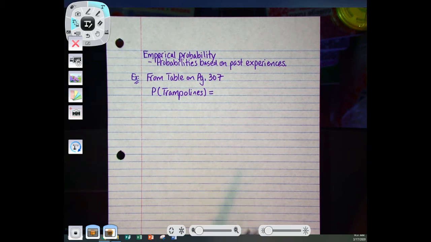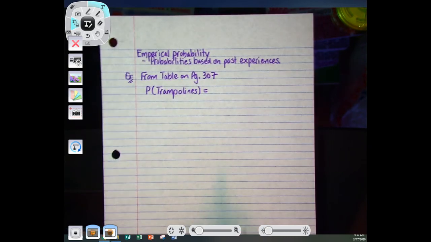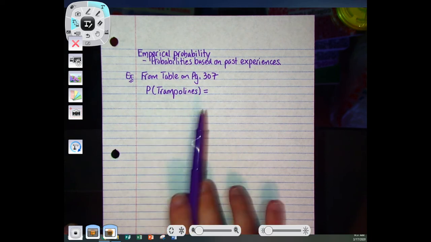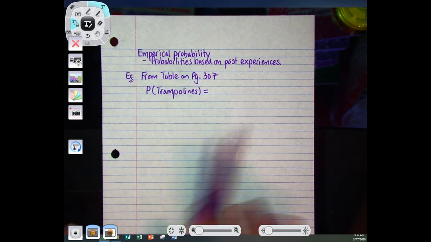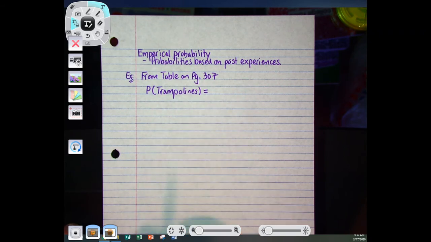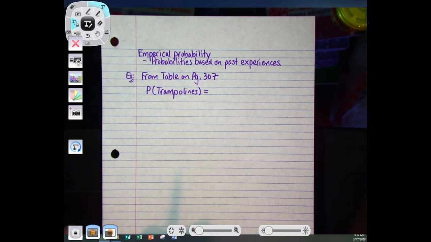So based on the table from page 307, they want you to find the probability that a selected person who was injured would have been injured on a trampoline. So find the probability of a trampoline. Okay?